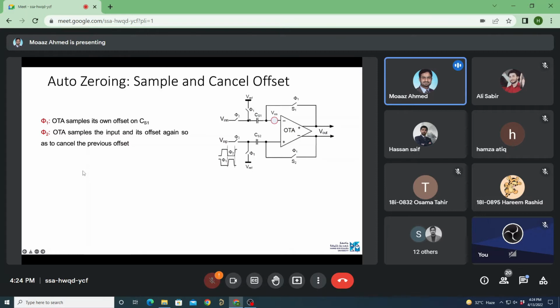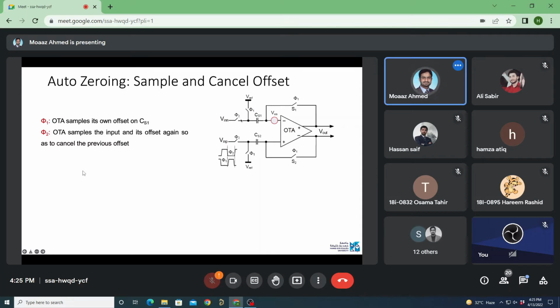Okay. So we have an amplifier here. Its offset is clearly in tens of millivolts. We need to reduce it. How do we do that? We employ a two-phase clock, phi 1, phi 2. During phi 1, the switches are open, so we don't have continuity with the signal; the sensor is not connected.